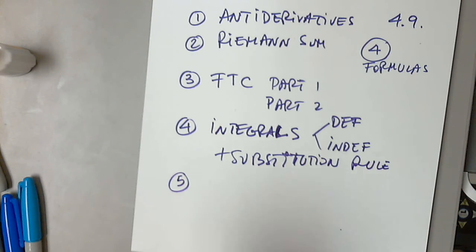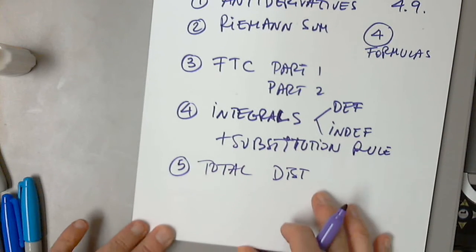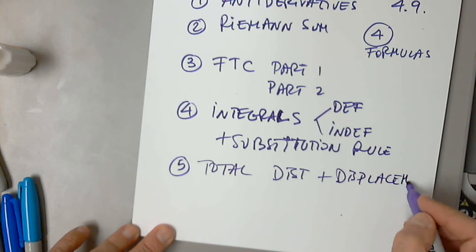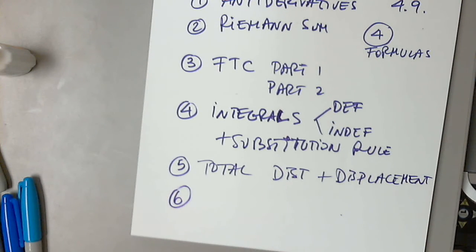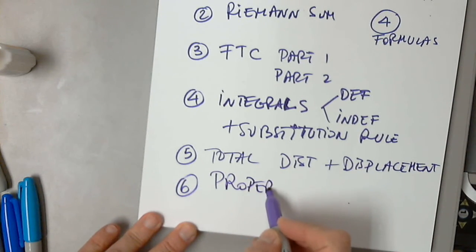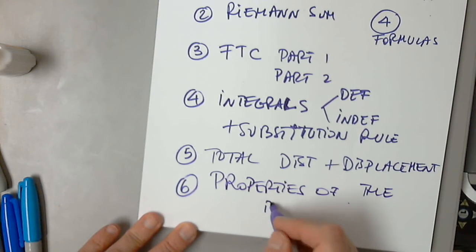Number 5, total distance plus displacement. Number 6, honestly, I can't think of anything else. Oh yes, properties of the definite integral.